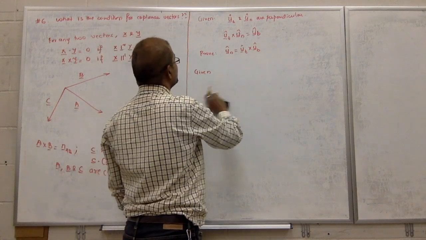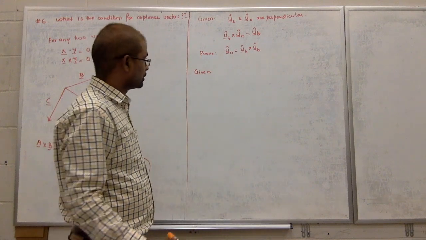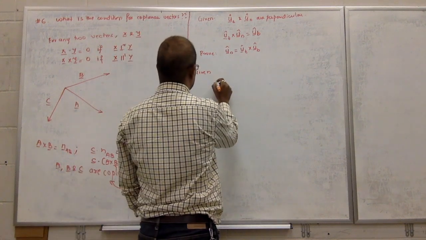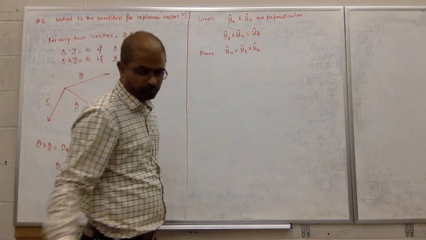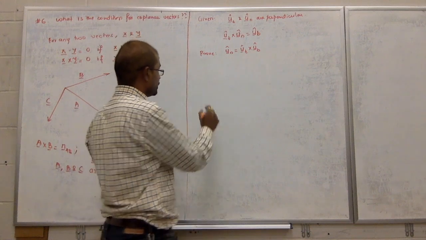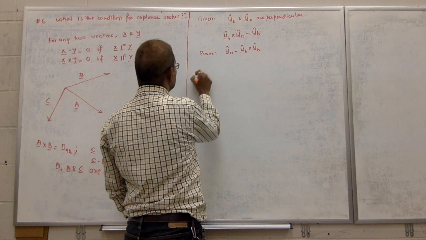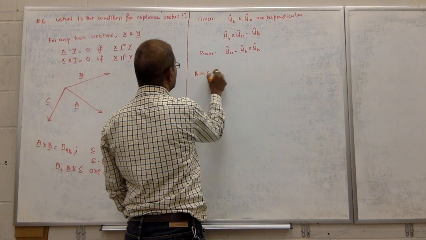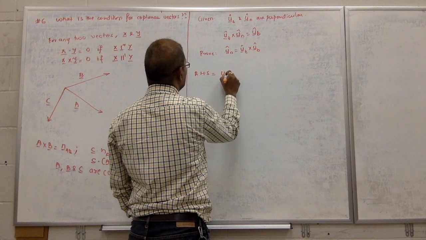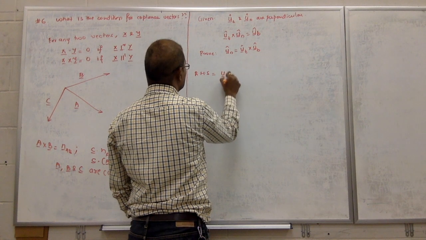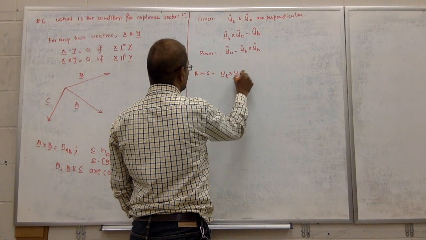What's easier? Would you plug in and then do substitution like you did before? You can. I'll show the plug-in way. If you do the plug-in way, you start with the right hand side, which is equal to UT cross UB, right? Yes, sir.